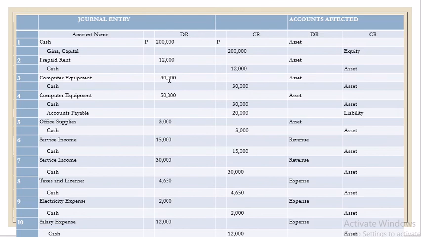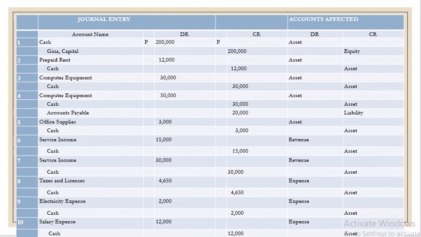So, 30,000 ang worth. Credit is 30,000. So, dapat balance yan. Kung anong meron, kung anong pumasok sa'yo, siya rin yung amount na lalabas sa'yo. Accounts affected. Assets. Tumaas na yung assets niya. Assets din yung credited. Kasi cash is assets.